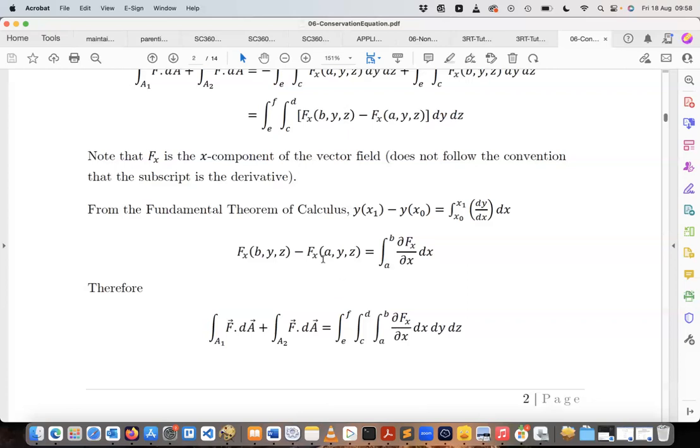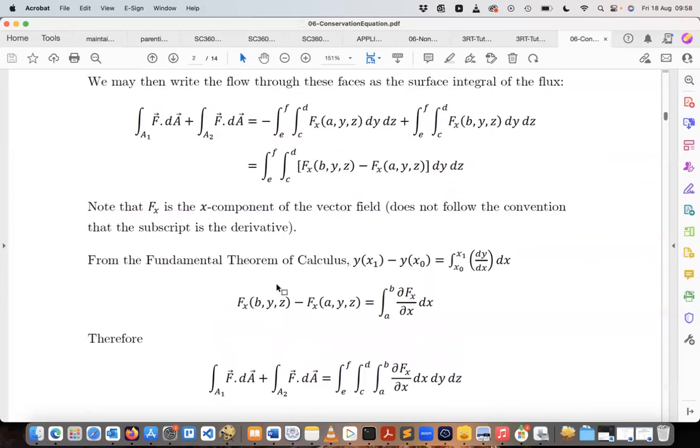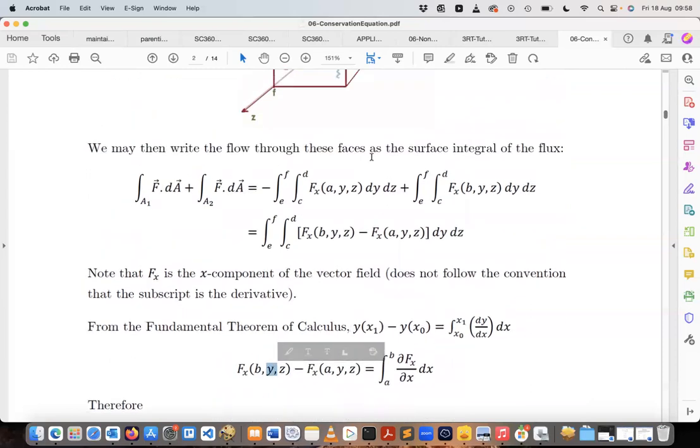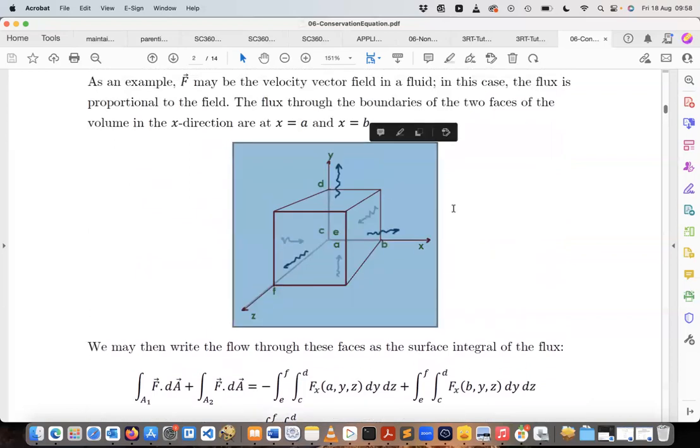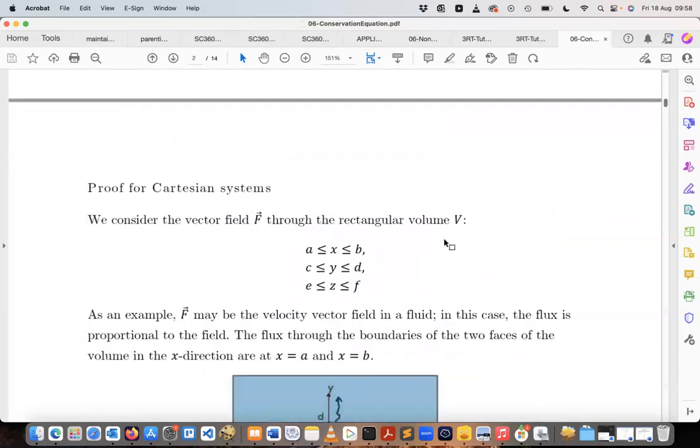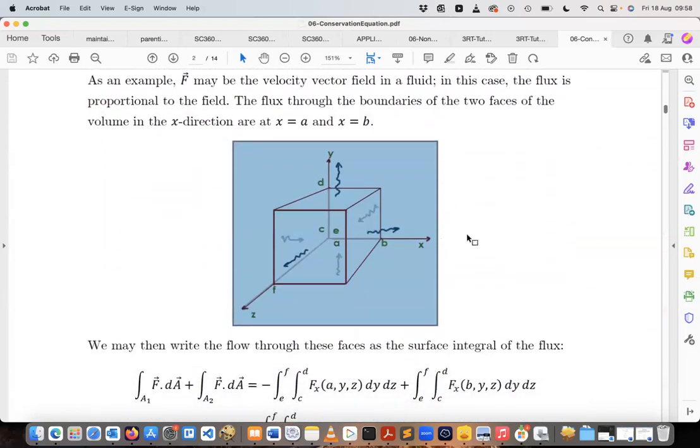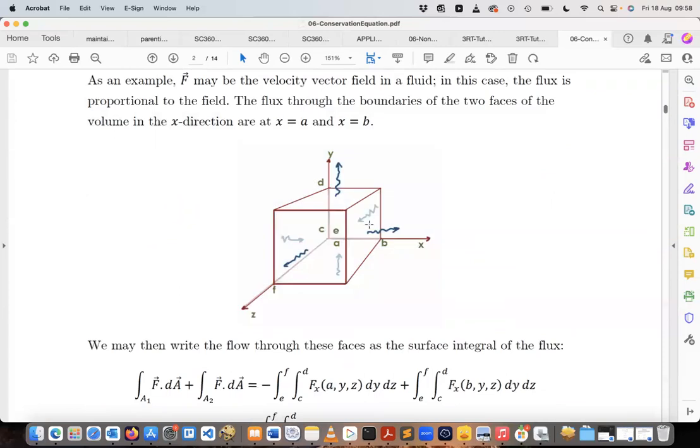If we don't just want this difference at a specific point, right? This difference here is evaluated at some position Y and some position Z. So if we pick on this surface, right? Imagine, oops, sorry, there's a bit of a lag here. So if we can imagine picking some Y and Z, remember there's Y changing in this direction and Z changing this way.